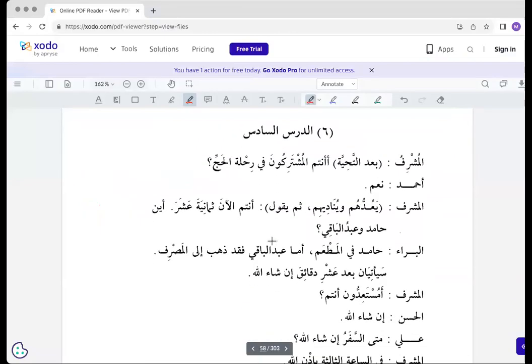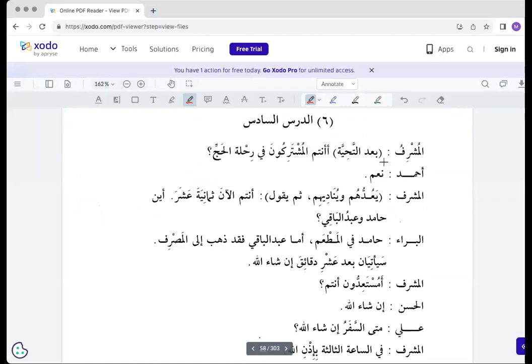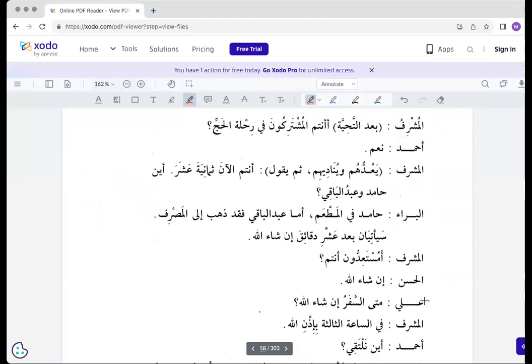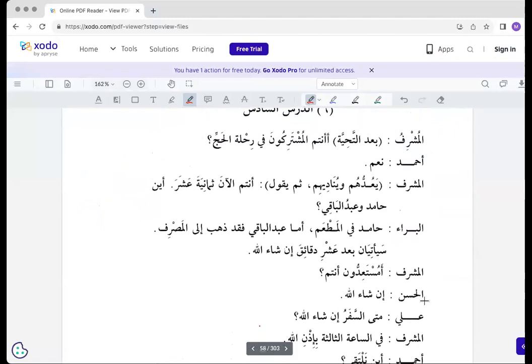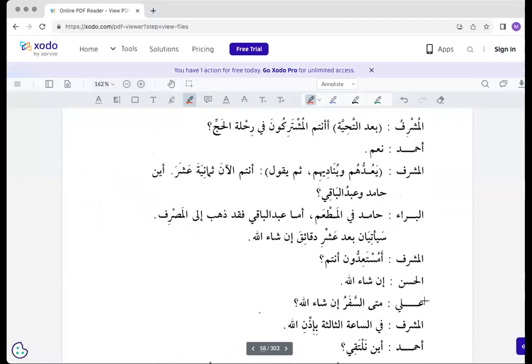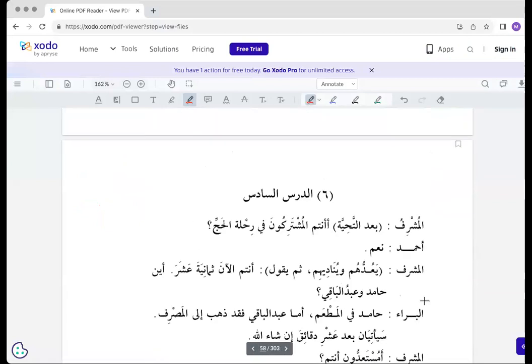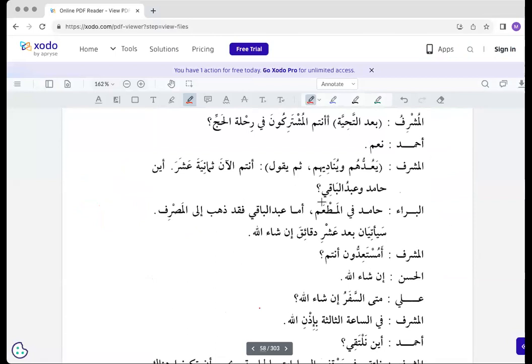الدرس السادس. All right, so we have a mushrif, basically the supervisor, and we have Ahmed, Bara, Hassan, Ali, and the mushrif. So we need 3 readers. Can we have 3 readers? Who do we have?